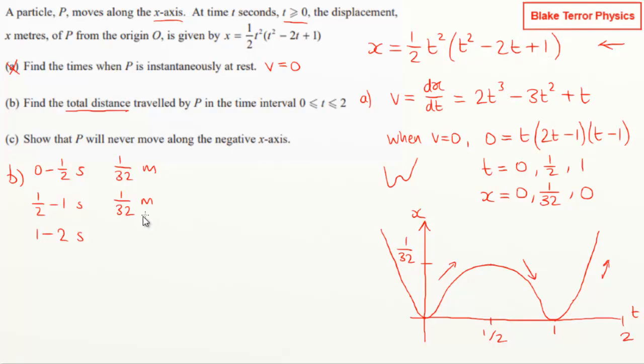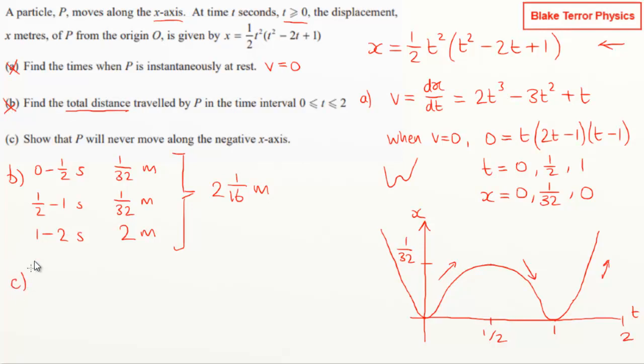So 2 times 1 is 2. So we've moved 2 meters. So in total, the distance travelled is 2 1/16 of a meter. That's our distance travelled. If we'd just done the change in displacement, it would come out as 2 meters, because that's where we ended up after 2 seconds. So yeah, always got to be careful when it's looking at total distance.